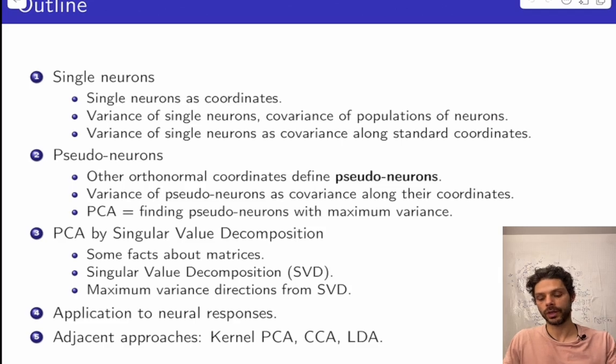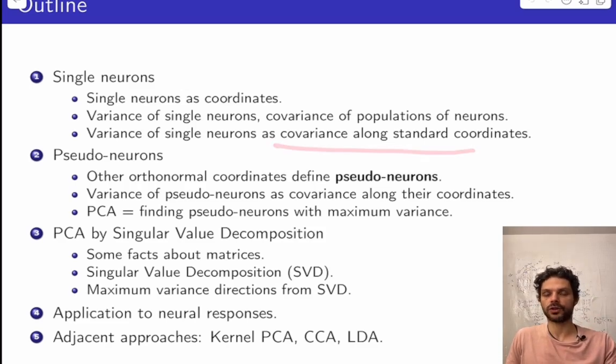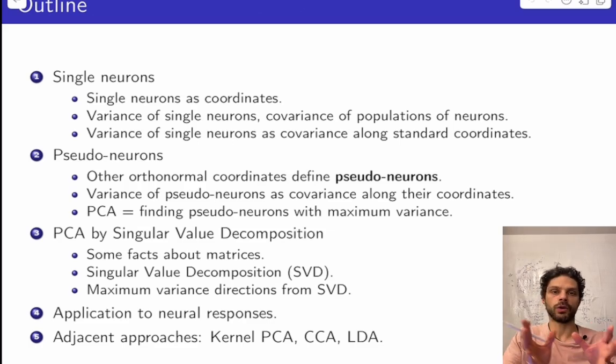Instead of viewing a neuron in isolation, how can we view it as some kind of projection of the overall covariance? Once we've got a handle on that, it's a very simple step to consider coordinates that don't correspond to single neurons, but to combinations of neurons, and essentially to define a new coordinate system consisting of those combinations.